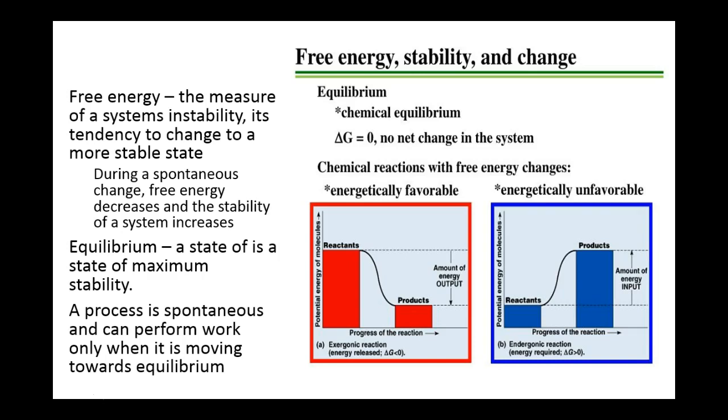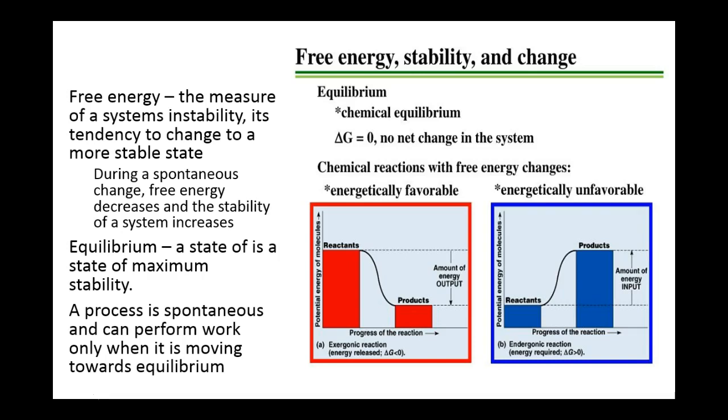Now the column is large not because it's reactants, but because it represents a huge potential energy. Those reactants have a lot of energy built into them, and they are going to go to a lesser form of energy, so they're going to go downhill. That then is going to release energy. That's this concept of an exergonic reaction that releases energy.